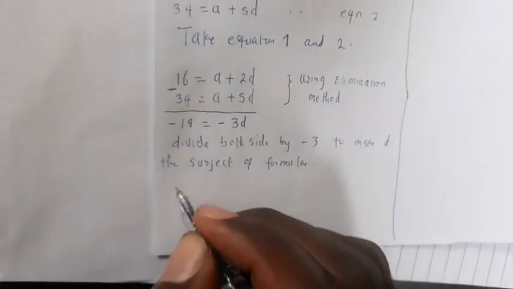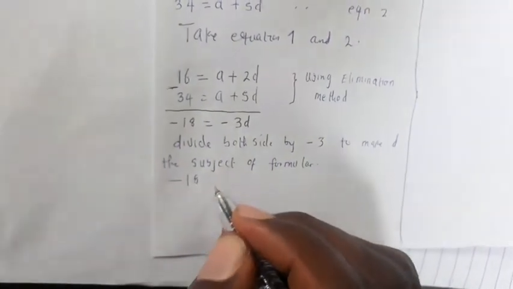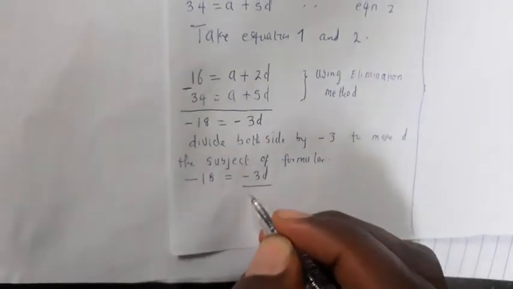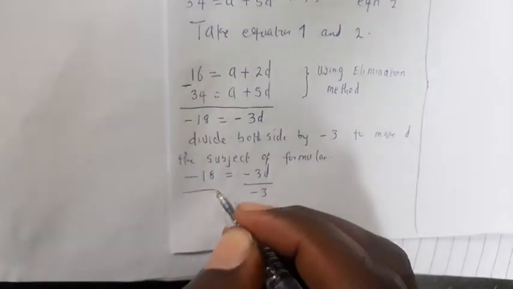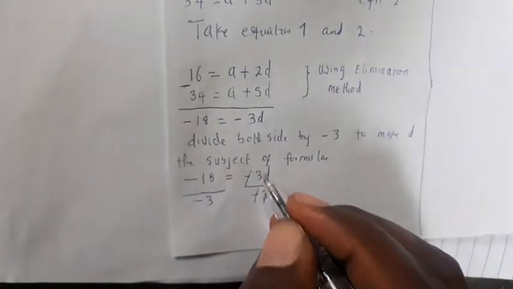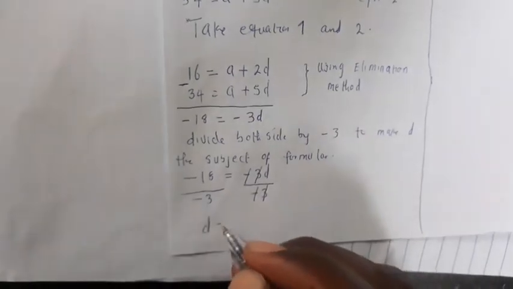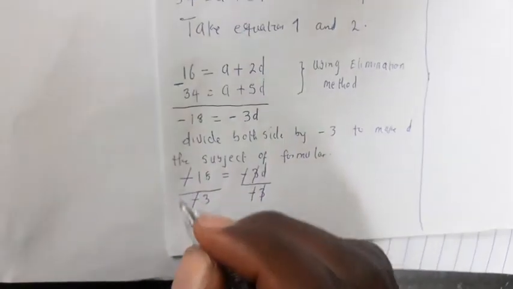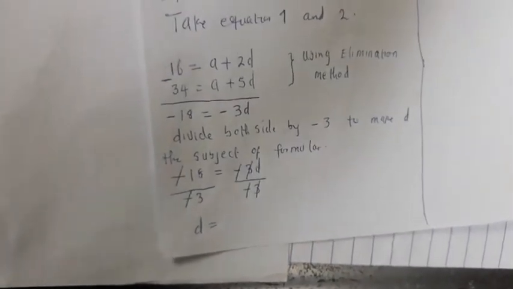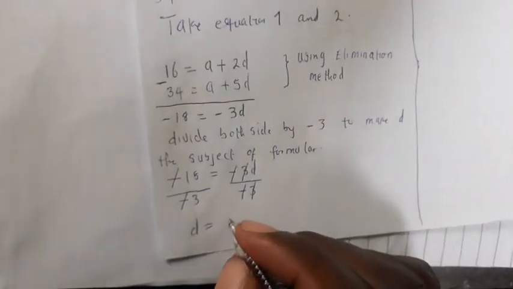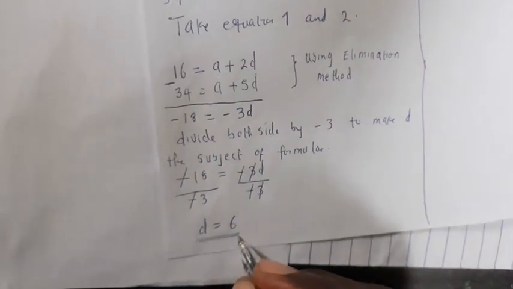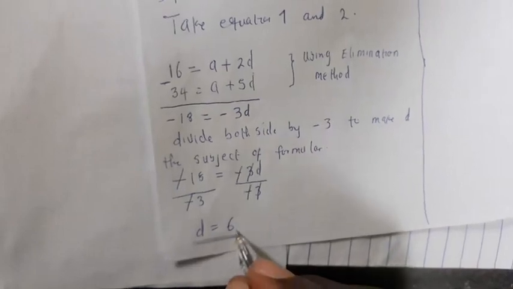All right, minus 18 equals minus 3D, divided by minus 3. The negative will cancel each other, the 3 here will cancel each other. We have D equals 18 divided by 3. 18 divided by 3 is 6. From here, you have gotten D to be 6.